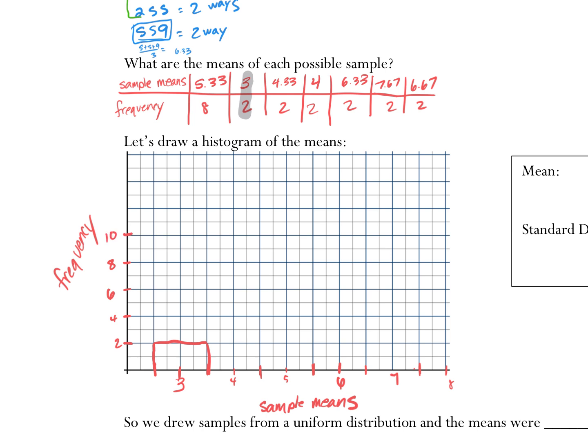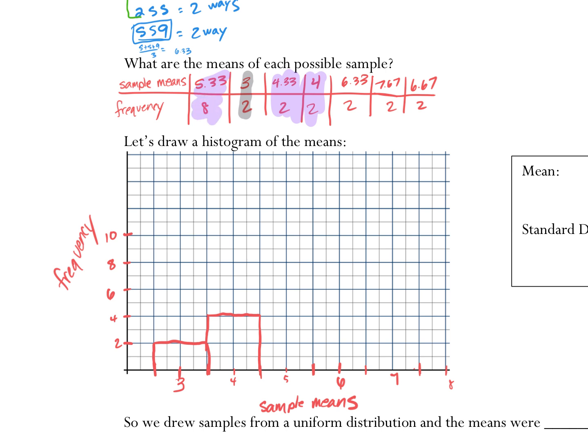All right, and then the next bar, how many are between 3.5 and 4.5? Let's see. That would be this one and this one, yeah? So that one's going to go up to 4. What about between 4.5 and 5.5? 8. 8? Yeah?